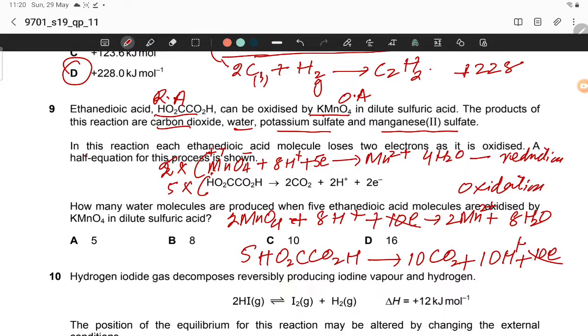How many water molecules are produced when 5 ethane diacid molecules are oxidized by KMnO4 in dilute sulfuric acid? So 8 water molecules are formed. So B is the correct option.